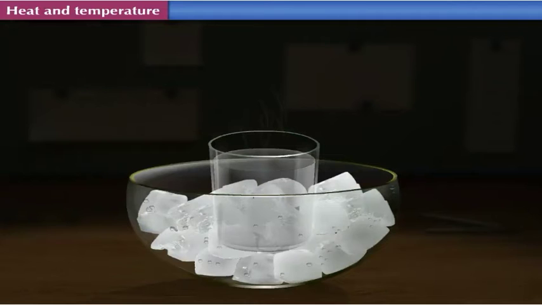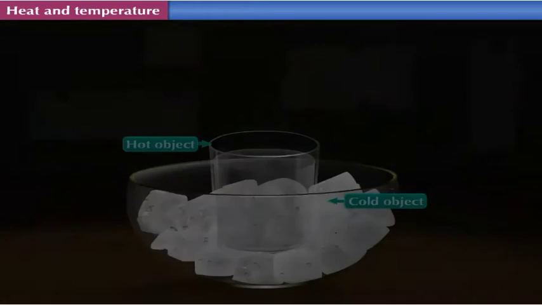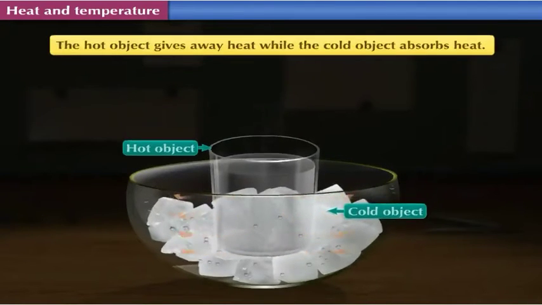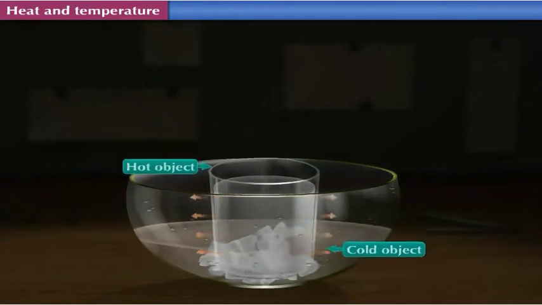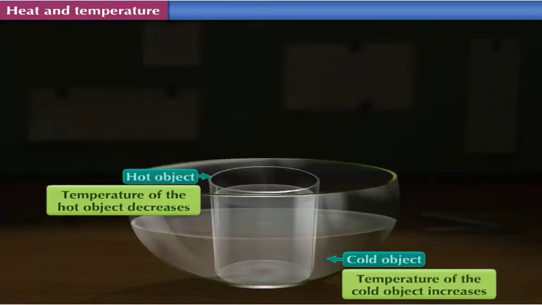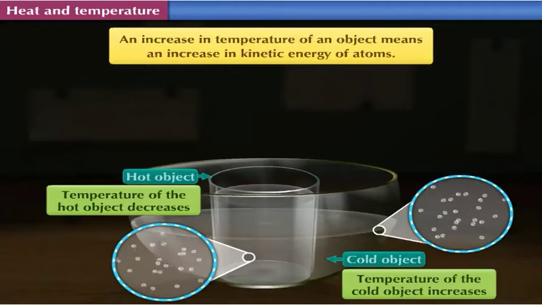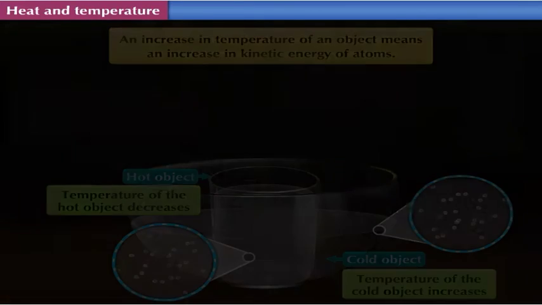We know that when two objects, one hot and another cold, are kept in contact with each other, then both the objects exchange heat. The hot object gives away heat, while the cold object absorbs heat, due to which the temperature of the hot object decreases, while that of the cold object increases. We know that an increase in temperature of an object means an increase in kinetic energy of atoms.